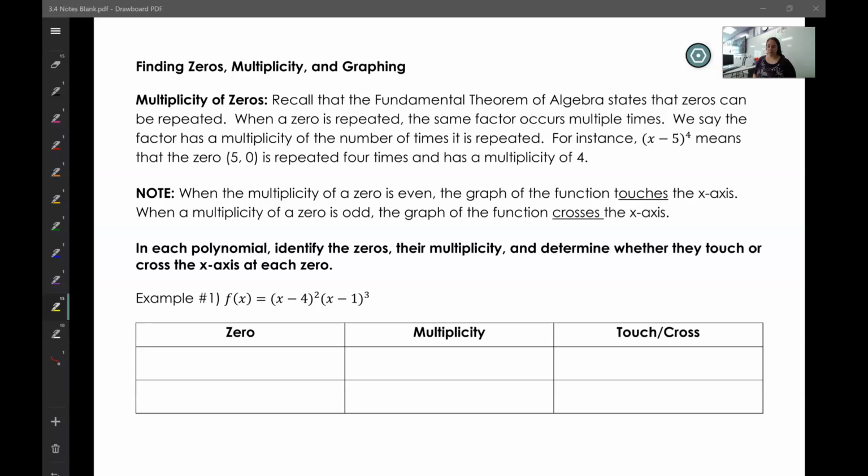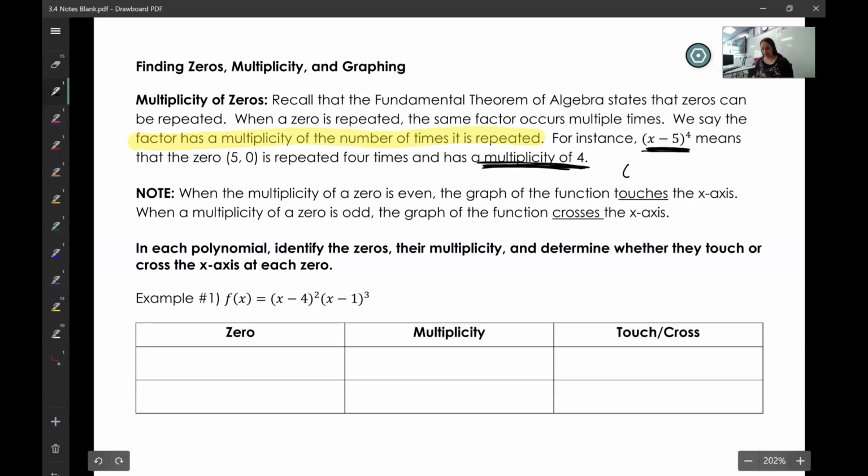Welcome to the second part of 3.4 where we're going to talk about multiplicity. Multiplicity is the number of times a factor occurs. So, for example, if I have this, x minus 5 to the fourth, I would say that factor has a multiplicity of 4 because that factor occurs 4 times.